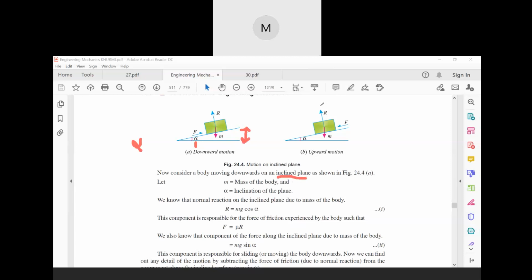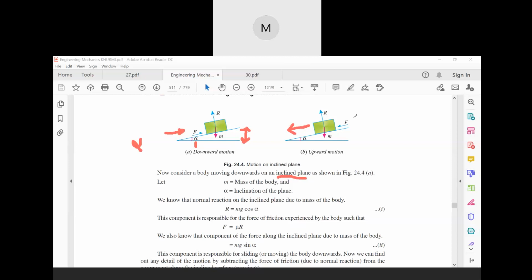Now, when a body is moving on an inclined plane, be it in the upward direction, in this direction, or be it in the downward direction, like this, so there are two directions. Be it in the upward direction or the downward direction, the body is moving.